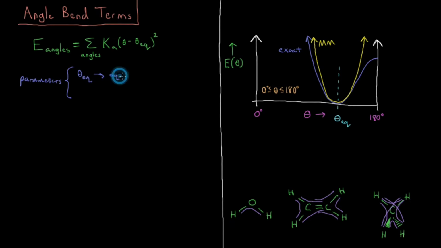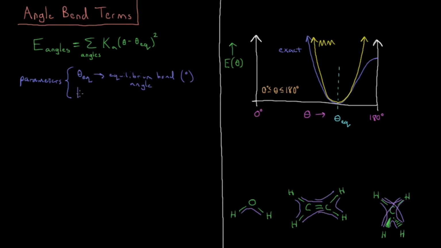It is the equilibrium bond angle, and that would be in units of either degrees or radians, but more typically degrees in terms of what you see in tables of parameters. Maybe it's stored internally in radians to make it easier for the code to work with, but typically when we see it, we're looking in terms of degrees.